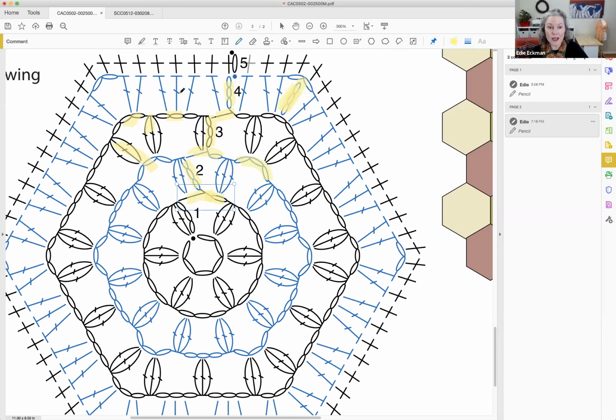As I work around, I can see I'm going to start with a chain 3 and a double crochet in this same space. And then I'm going to put 3 double crochets into the next space. And then here we are at a corner. We're going to put 2 doubles, chain 2, 2 doubles, all in that space.